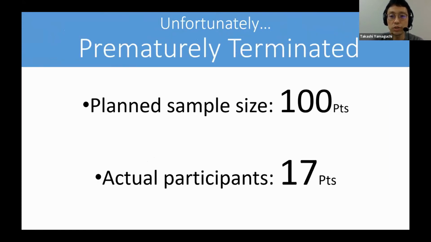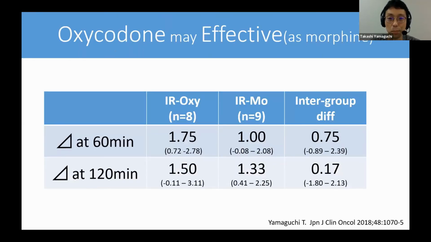But our study was terminated prematurely due to slow recruitment. We planned a sample size of 100 patients in total, but the actual participant number was only 70 patients in 2 years. So we could not conclude, but we published the result.